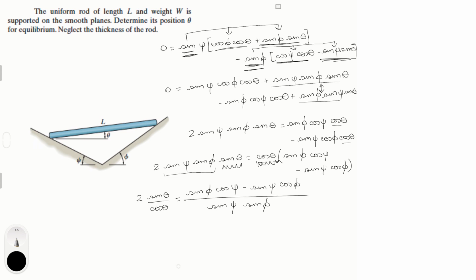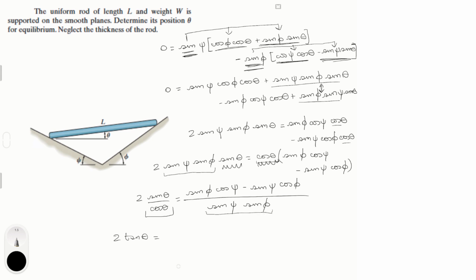Now, did I do this right? Yeah. Okay. So you know that sine of theta over cosine of theta is tangent of theta, so this is 2 tangent of theta. And I'm going to distribute this term and divide each one by it.